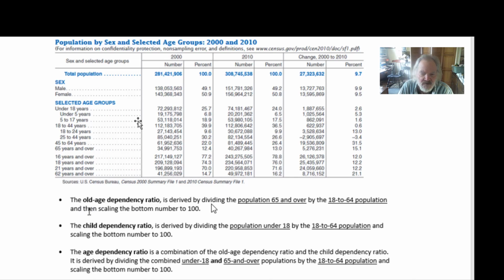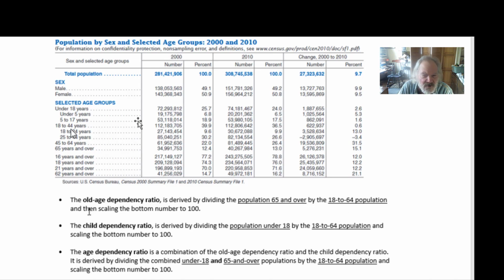And old age dependency is derived by you take the population 65 and over, and you have that right here, the population 65 and over. That's for 2010, and that's for 2020. And you divide that by the population 18 to 64.